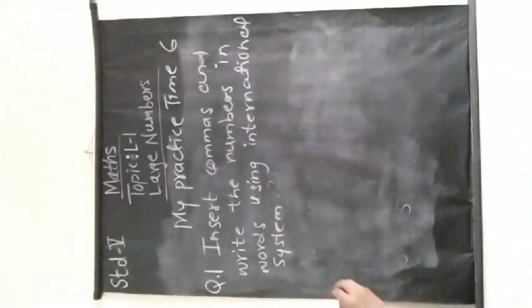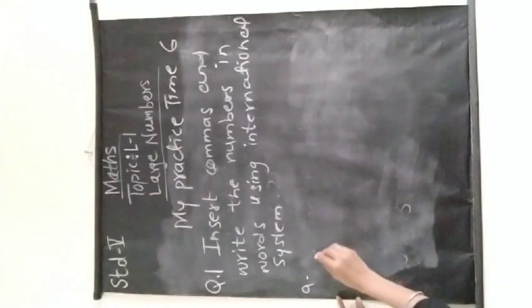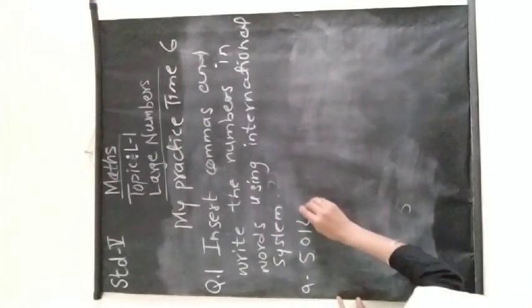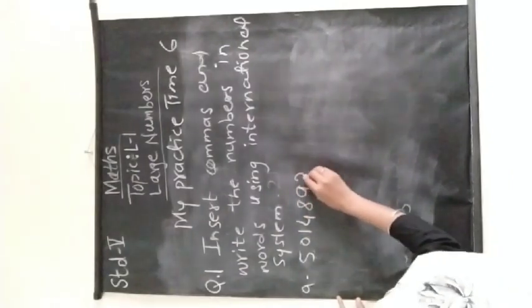Let's take the first example, A. The first example is 501489. We have to give commas according to the international number system.